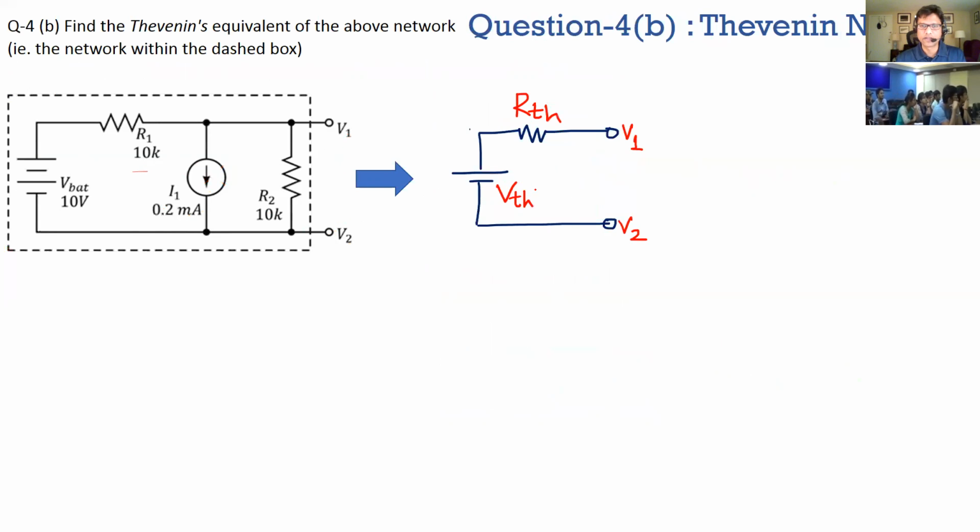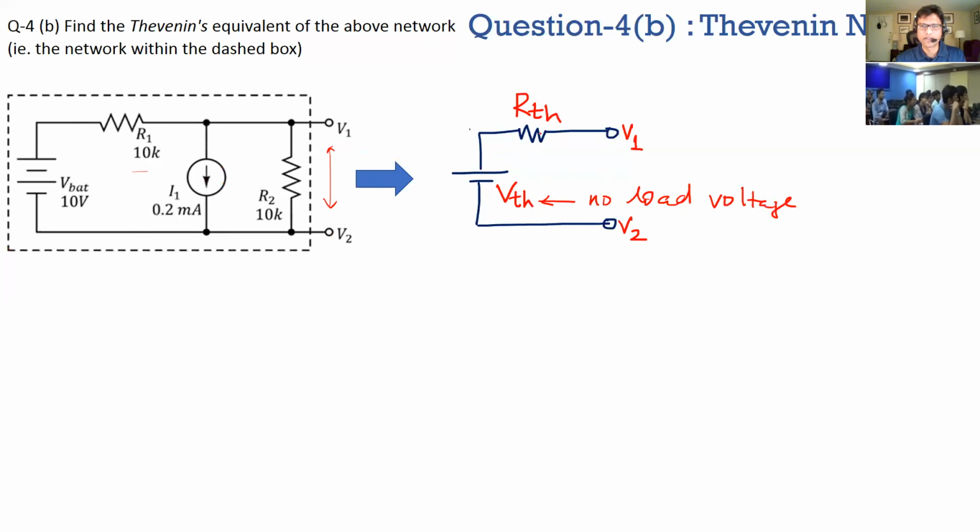So that's your equivalent Thevenin network. And this voltage is basically what's called the no load voltage across V1, V2. So what it means is that if I don't put any load across these two terminals here, what's the V1, V2? Find that first.